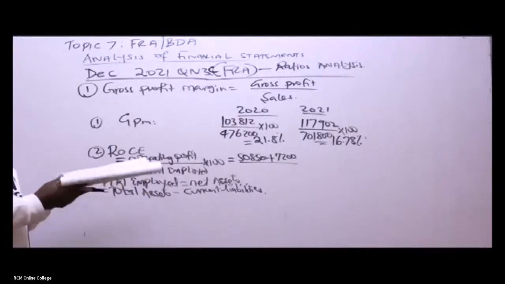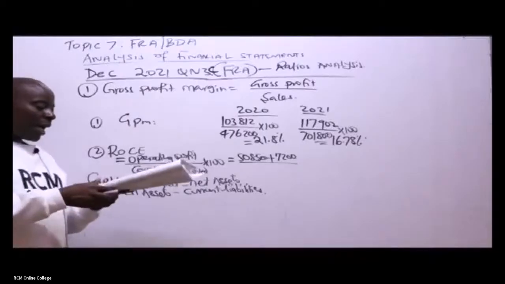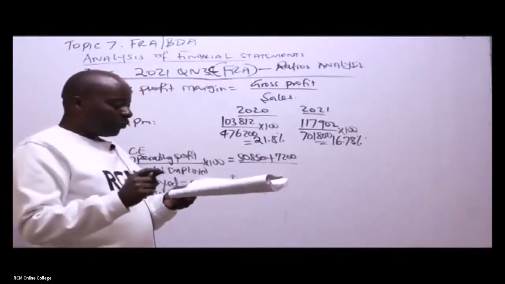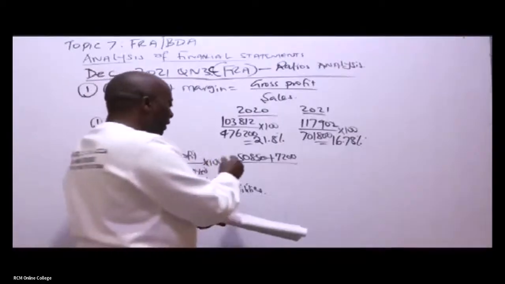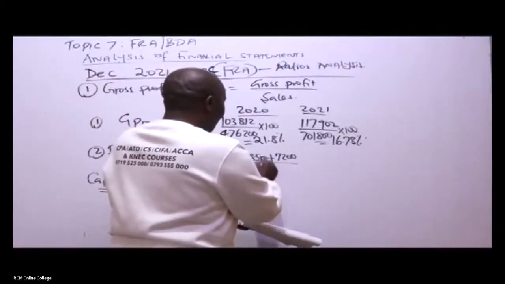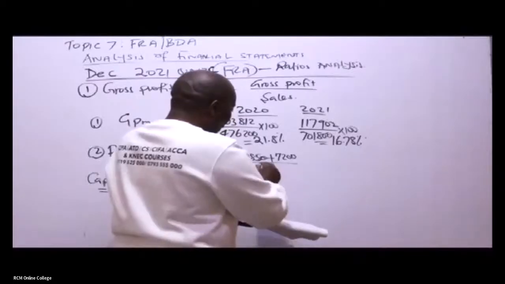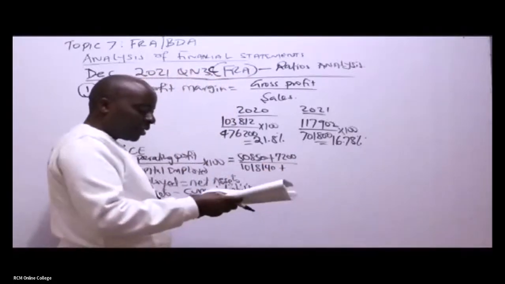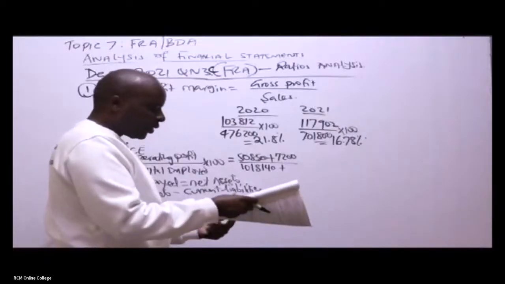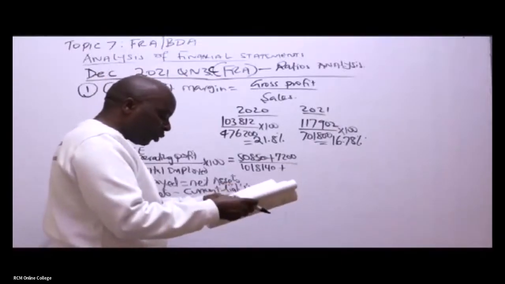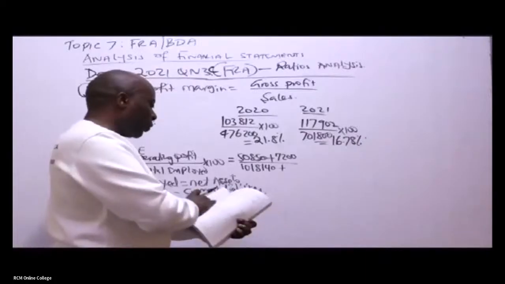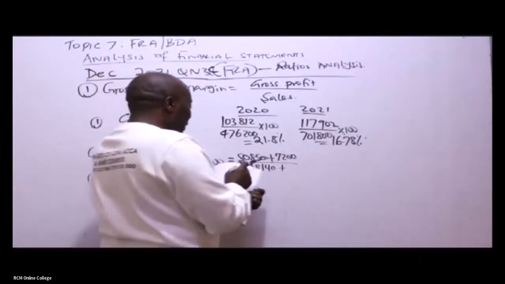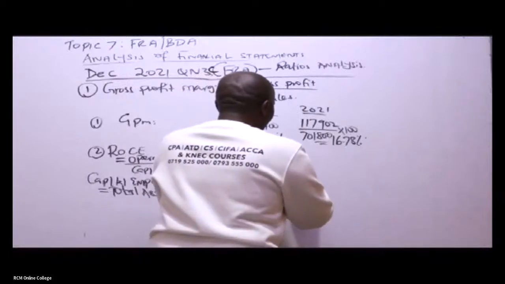For 2020, I am able to see non-current assets of 1,018,140. I have the current assets, which are inventories, trade receivables, cash and cash equivalents. I can see there are 236,695.